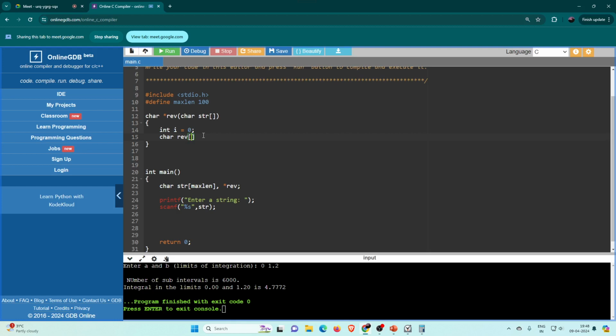So even this rev, I'll call it, so I'll define one more character here. Okay, just a smaller string rev. So this will get stored in the larger one.